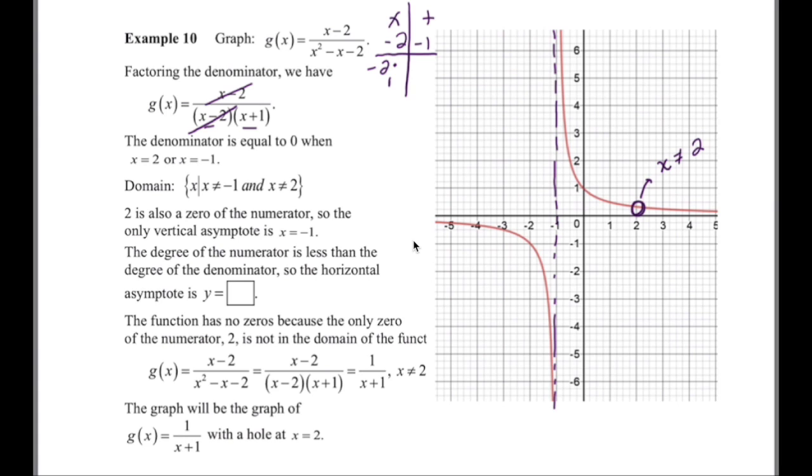But even though we're canceling it out, we still have to consider that x can't be that value before we simplify. 2 is also a 0 of the numerator, so the only vertical asymptote is x equals -1. I also see that the degree of the numerator is less than the degree of the denominator. So we also have a horizontal asymptote at 0.